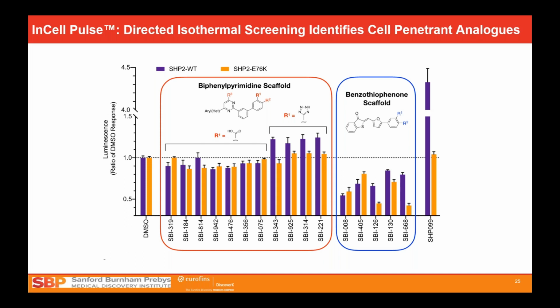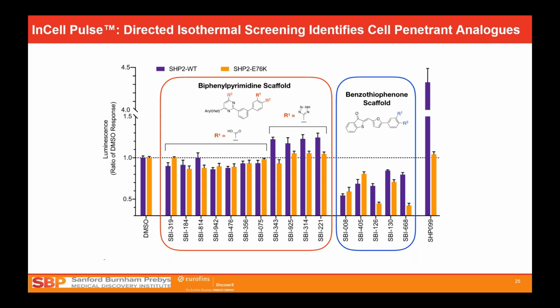Compared to control, we could test a large number of related compounds at once using the InCELL Pulse assay. So in these bar graphs, we have purple, that's wild type, and orange, which is the E76K mutant.